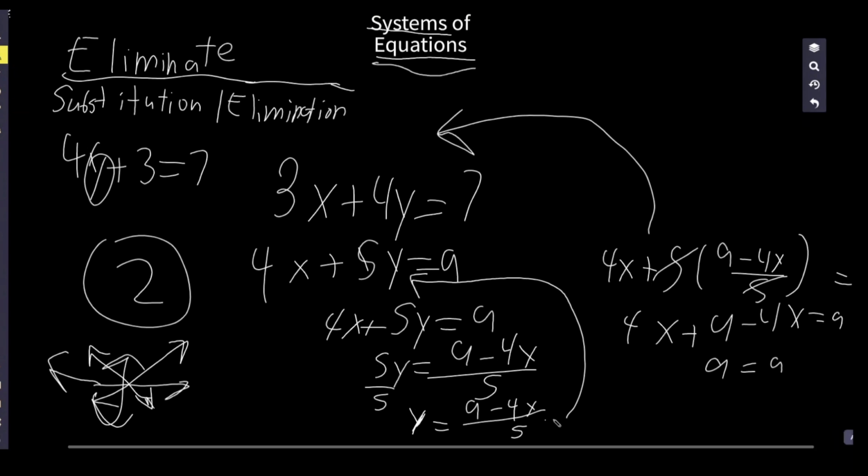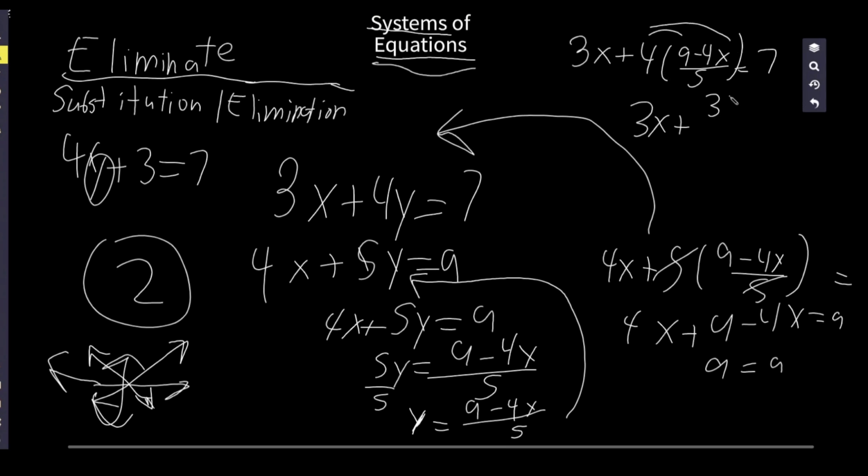Okay, so let's say we plug it now into the other equation. So we get 3x plus 4y, which is 9 minus 4x divided by 5. And the algebra can get a little complicated here, but stick with me. It gets 3x plus, and now we distribute the 4. 3x plus 36 minus 16x on 5 equals 7.